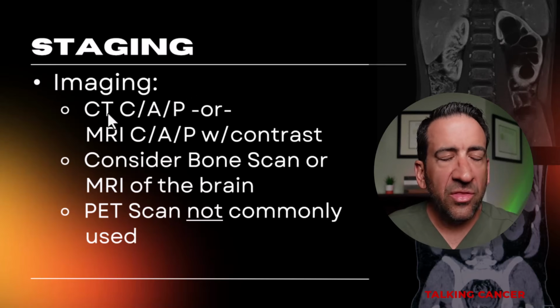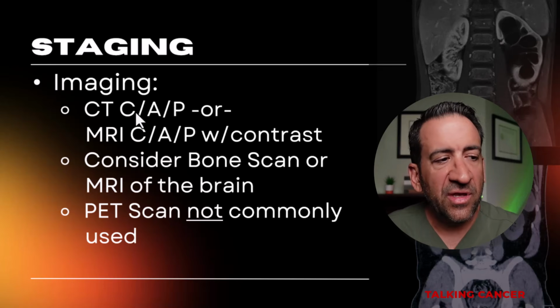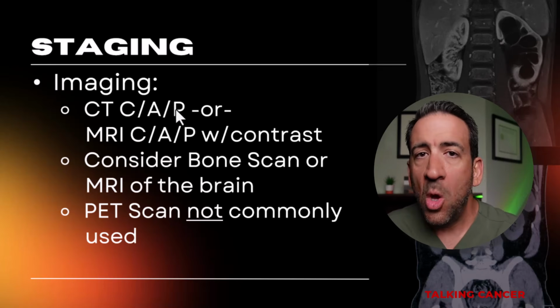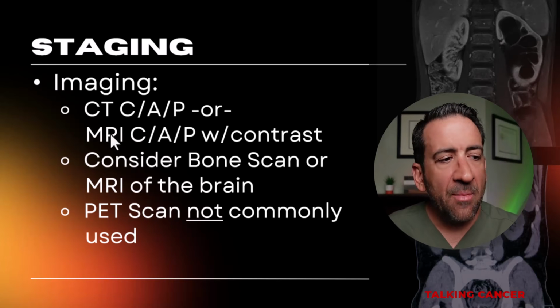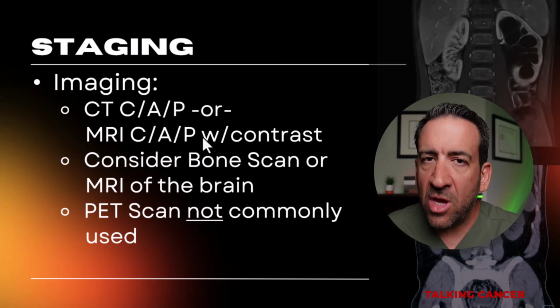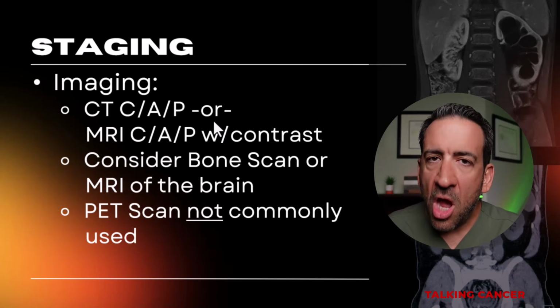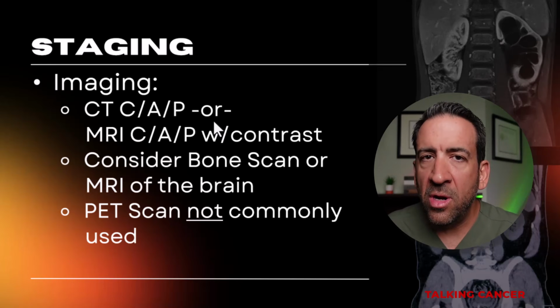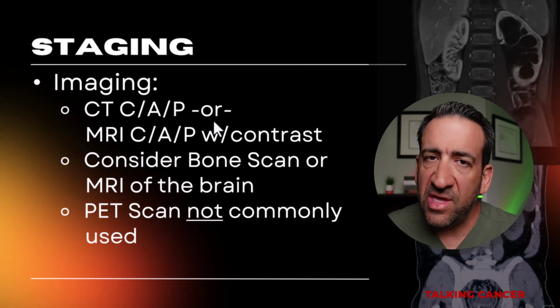And the most commonly used is a CT scan or a CAT scan of the chest, abdomen, and pelvis with IV contrast if possible, or an MRI scan of the chest, abdomen, and pelvis with IV contrast called gadolinium. So if you can, contrast is very important on these imaging tests because these kidney cancers can really light up and you can see them.